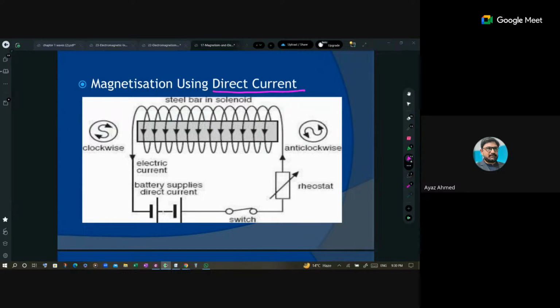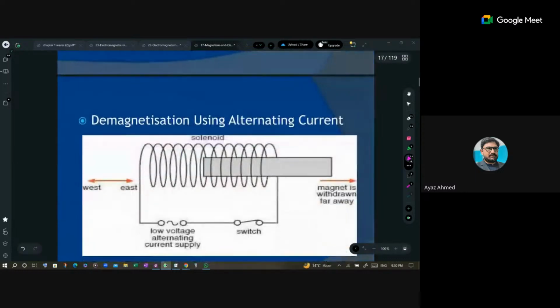Direct current means connect a coil with a DC battery, a voltage source, and a variable resistor, place a steel rod inside it, and switch on the current. When current flows through this coil, you know what will happen? One end of the steel bar would become north and the other would become south.